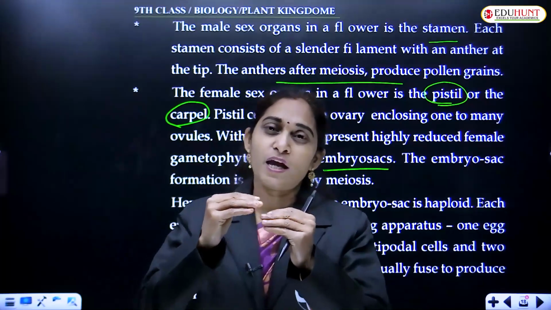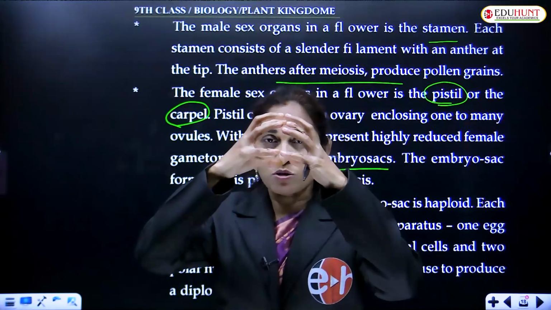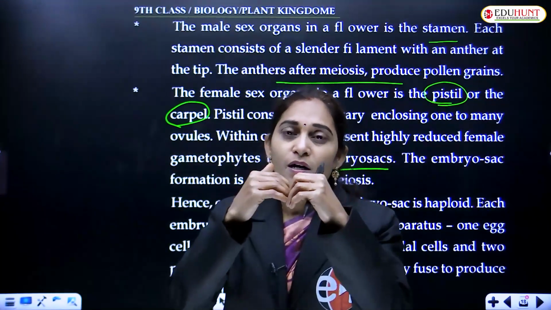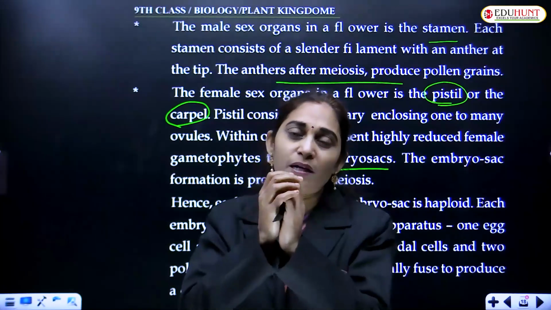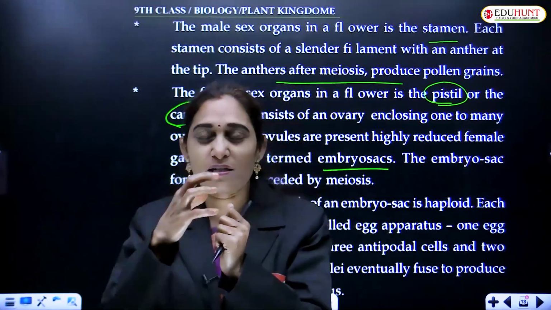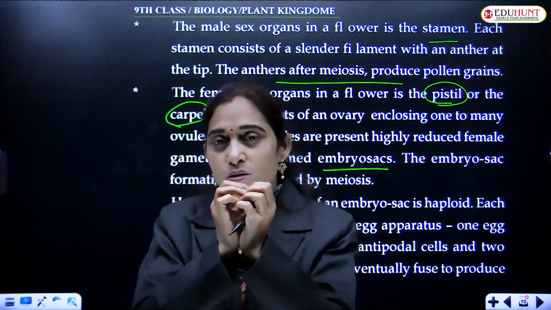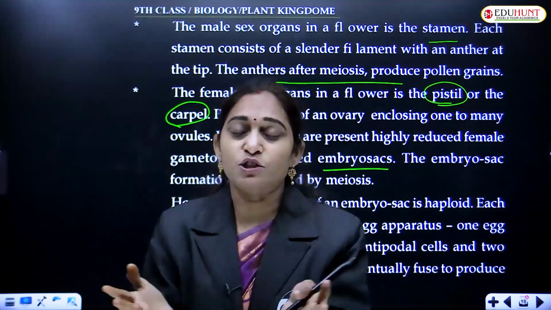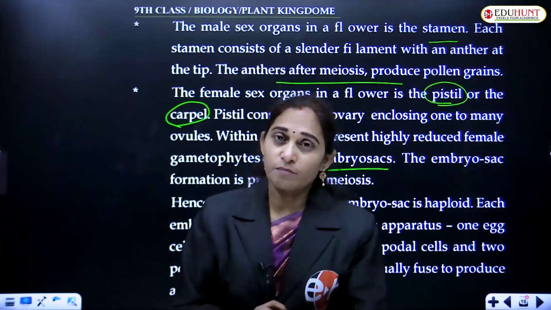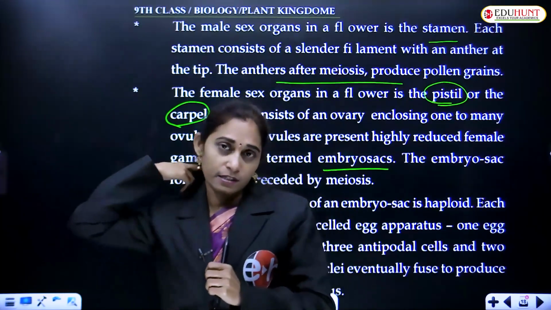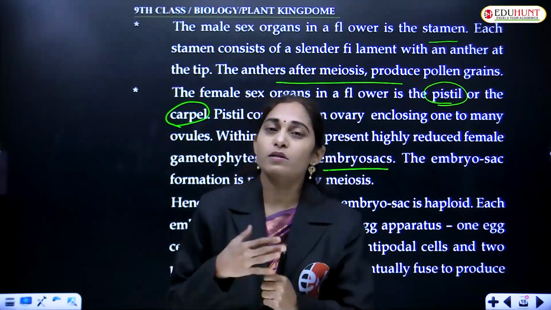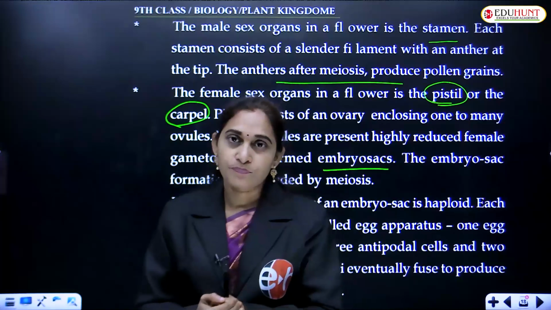Stigma sometimes may be capitate, like a globular structure, and sometimes it may be bifurcate, splitting into some branches. So anyway, stigma is the tip of the pistil or the carpel or the gynoecium.